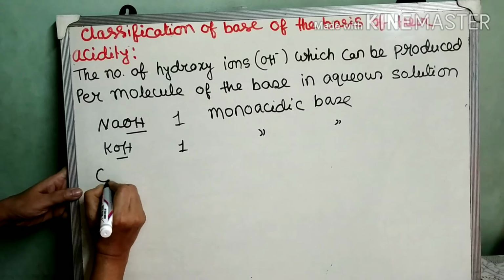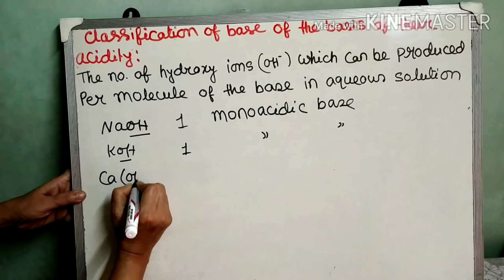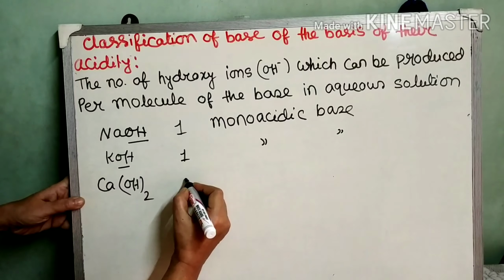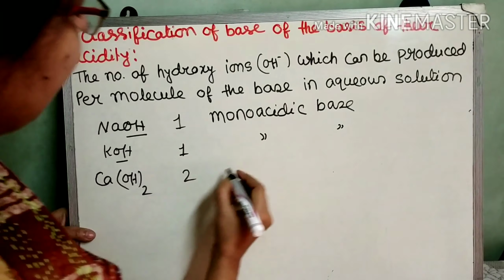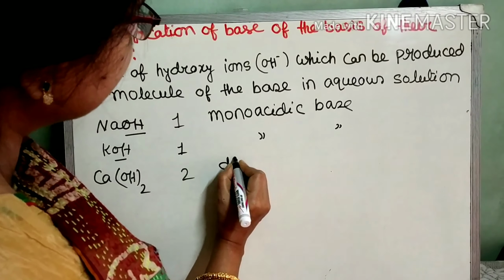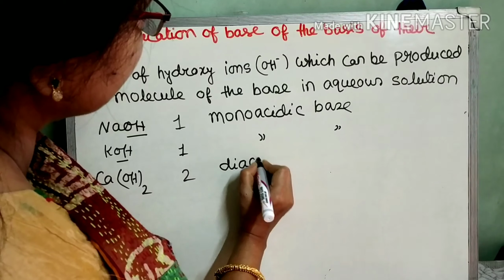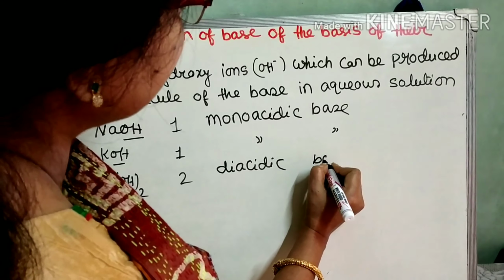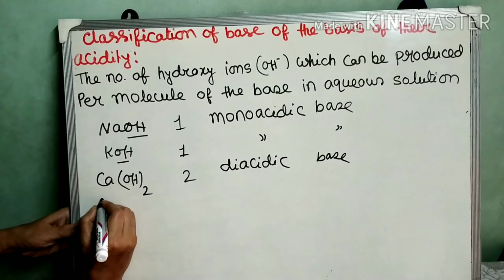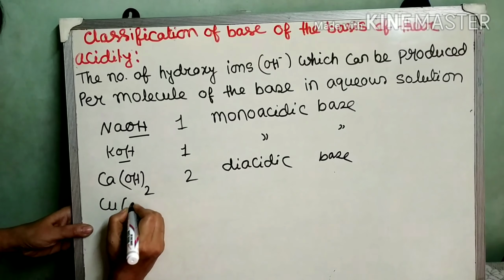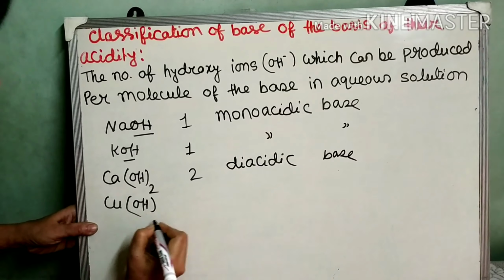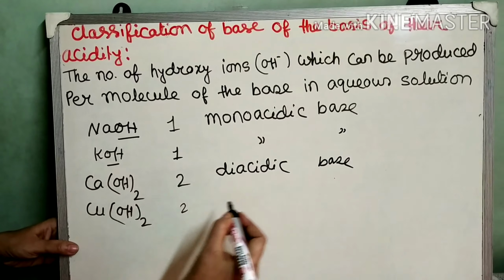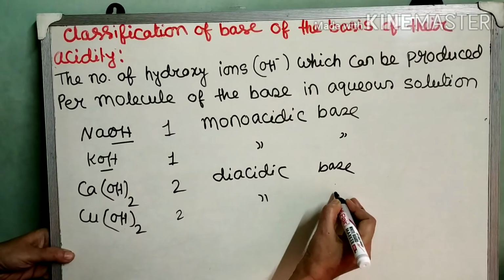Now Ca(OH)2, number of OH minus ions 2, so it is considered a diacidic base. Now Cu(OH)2, number of OH minus ions 2, so it is also a diacidic base.